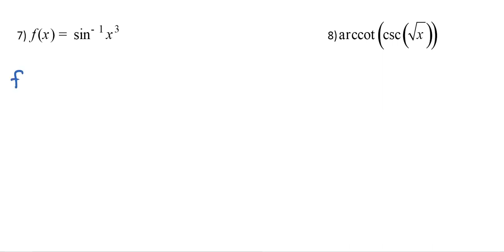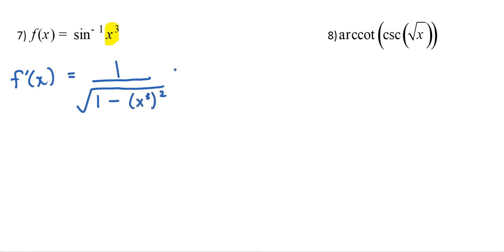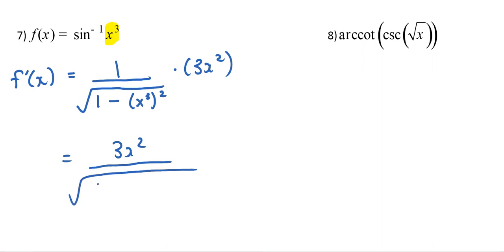The derivative is f prime of x equals 1 divided by the square root of 1 minus x squared, where this is my x term now, so x cubed, all squared, times the derivative of x cubed, which is 3x squared. That gives 3x squared all divided by the square root of 1 minus x to the power of 6. Once again, this 6 is simply multiplying your exponents.